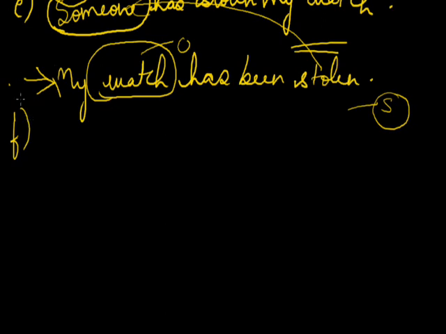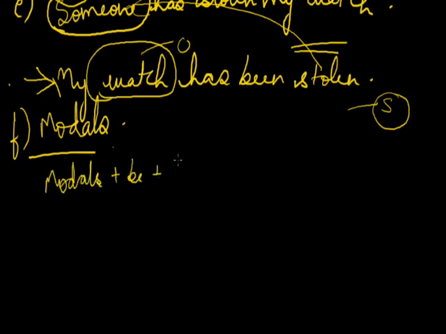Next, if modals are used in active voice, the verbs are changed into passive like this: modal plus be plus past participle form of the verb. For example, "A decoit can kidnap children." Can here is a modal.